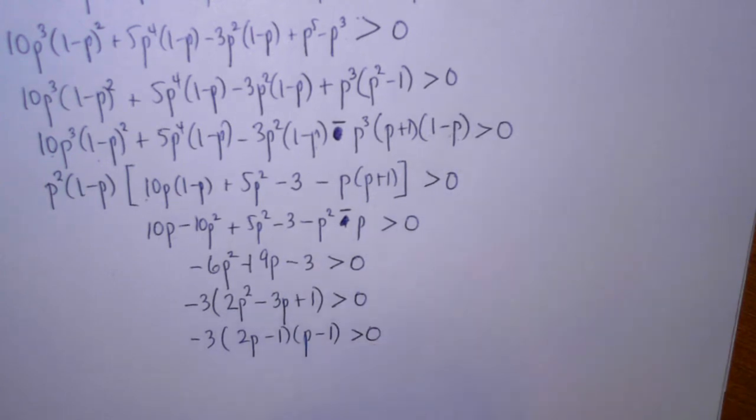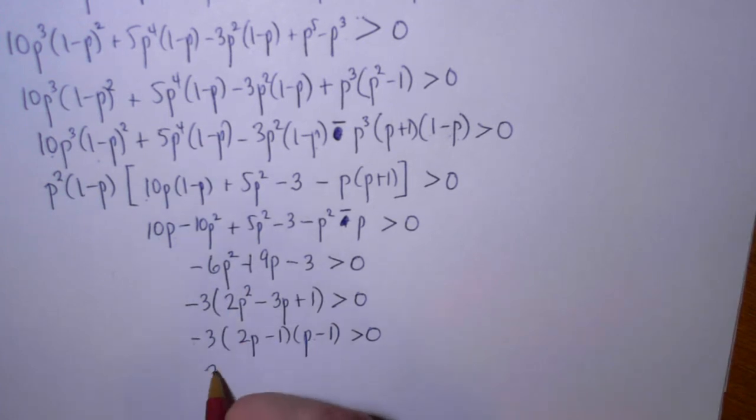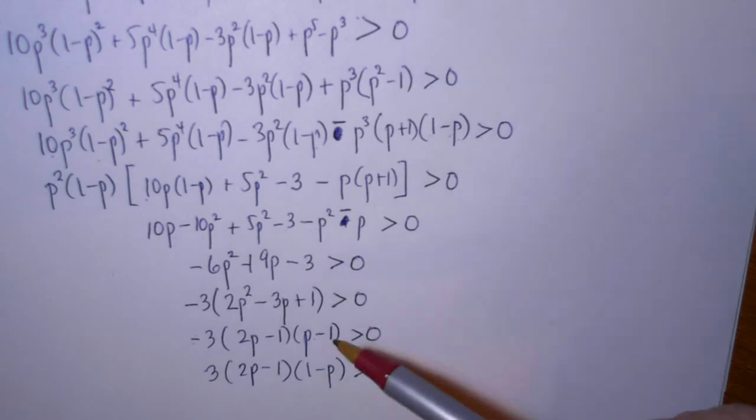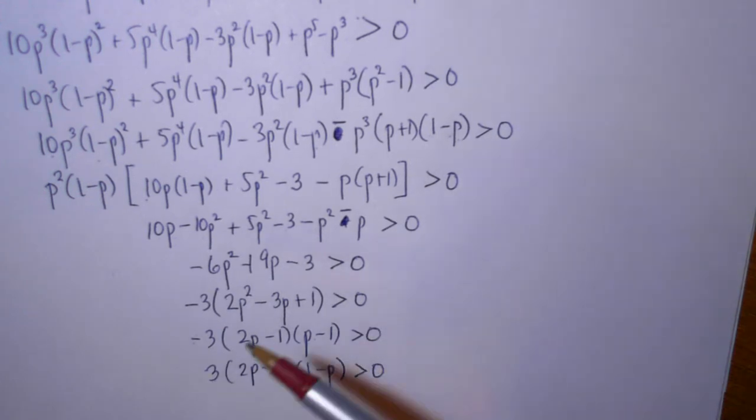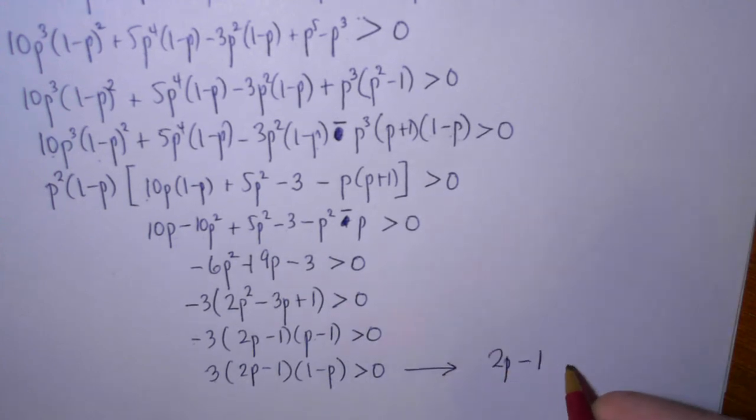Or let's put it like this. If I bring this minus sign inside here, I have 3 times 2p minus 1 times 1 minus p is greater than 0. Now once again, 3 is positive, also 1 minus p is positive, and so this simply becomes 2p minus 1 has to be greater than 0, so that p has to be greater than 1/2.